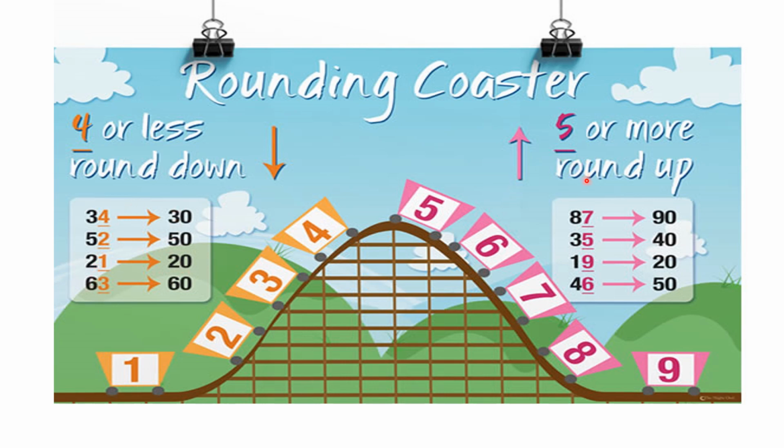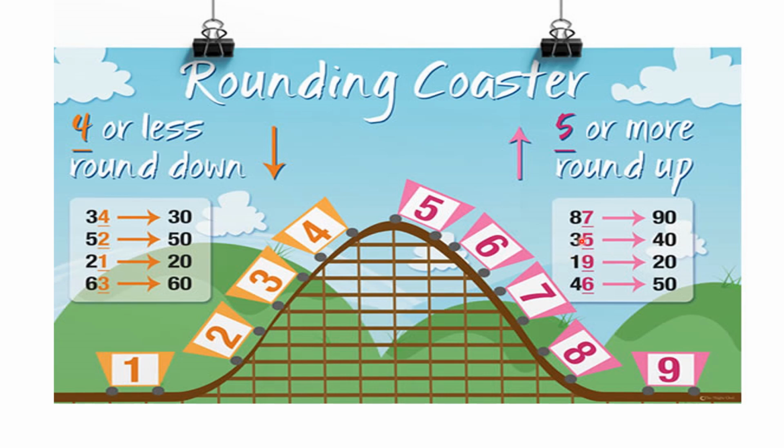And in case the digit is 5 or more than 5, then it will be rounded up like this: 87 will be 90, 35 will be 40, 19 will be 20, 46 will be 50. Because in 87 the particular digit is 7, which is more than 5.